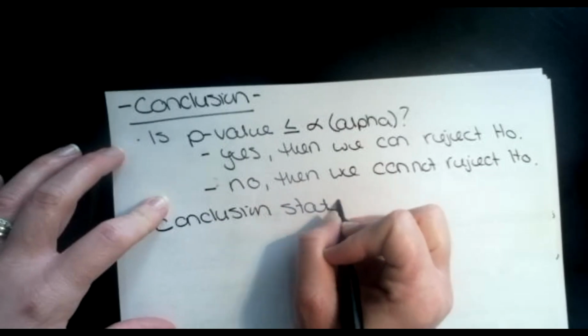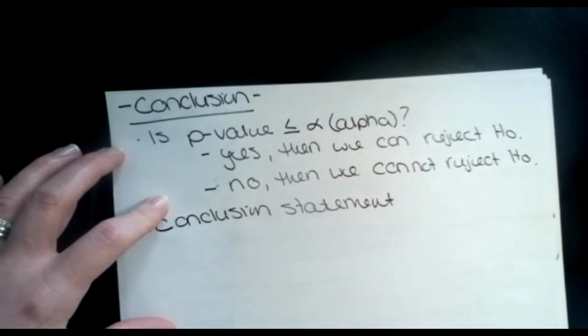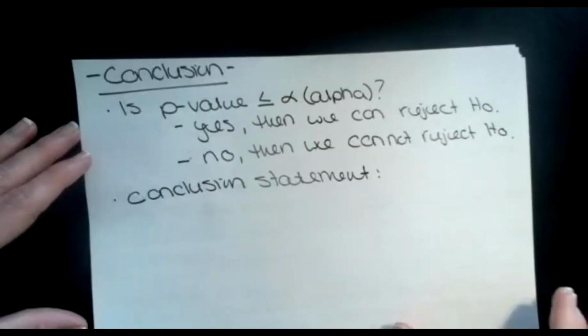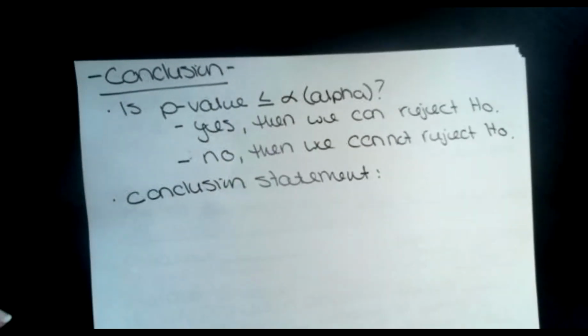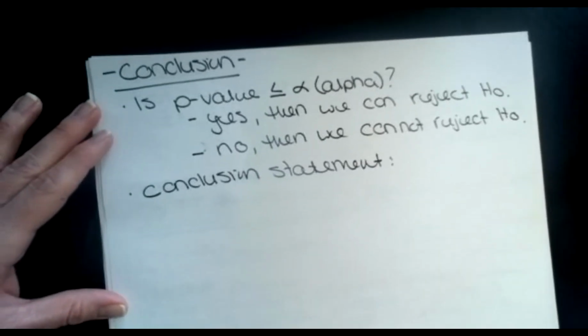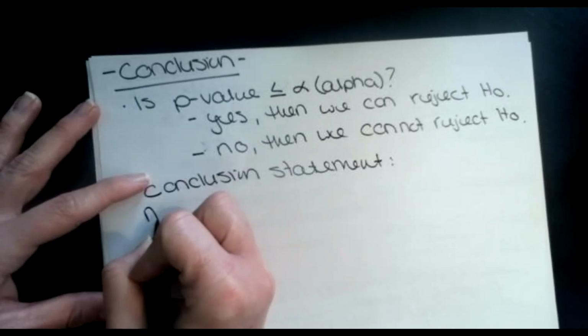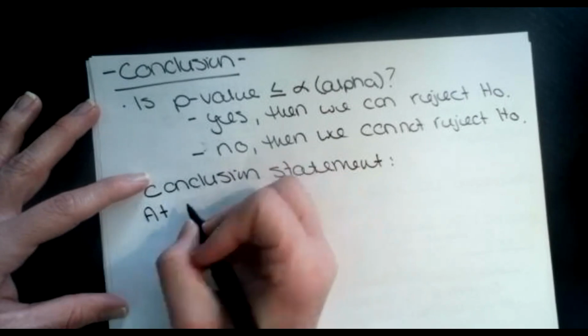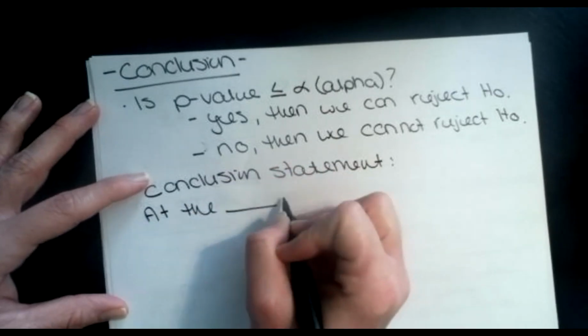Of course, I'll give you my statement and you're welcome to use it. Or if you want to write your own statement, just know there's a few pieces that I'm looking for specifically, and I'll underline those and point those out. So here you're going to state what level of significance you used, what alpha. You're going to say at the blank percent.